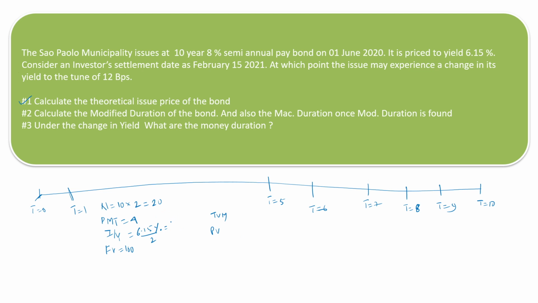Let me just work it. So this becomes 3.075%. So I by y is equal to 3.075. I input that as well. Okay, and the face value is 100, of course. We have done that. 4 is the PMT, number of periods is 20, so we need to find the present value.